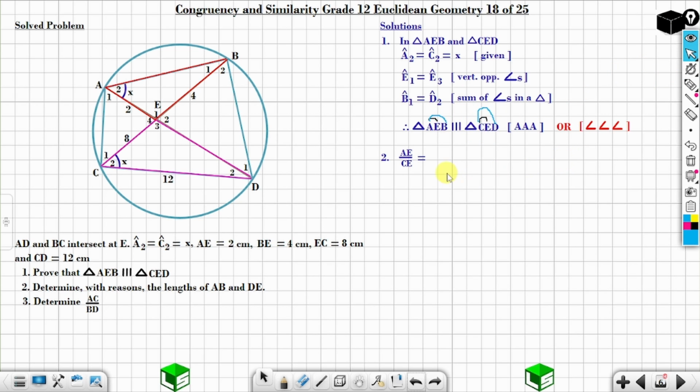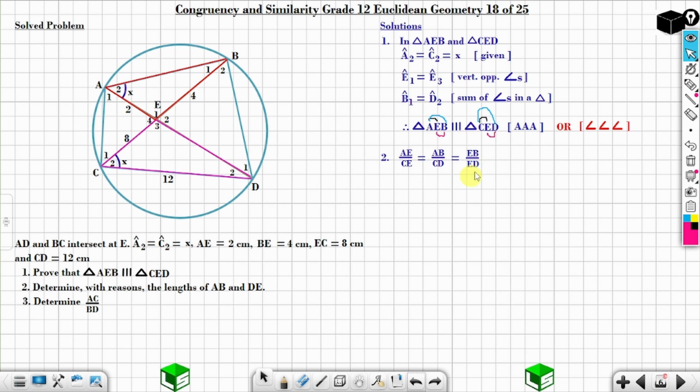Okay, so AB over CE. This is equal to, now you have second and third letter over second and third letter in another triangle. So this is equal to EB over ED.